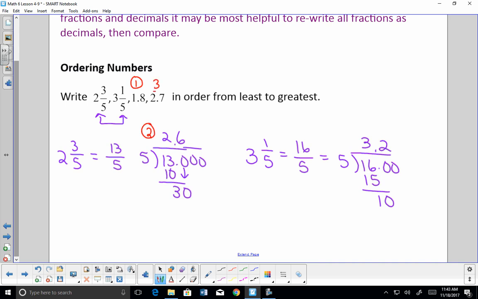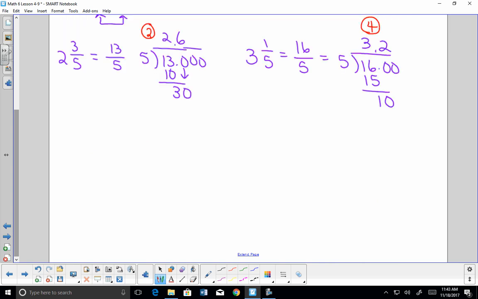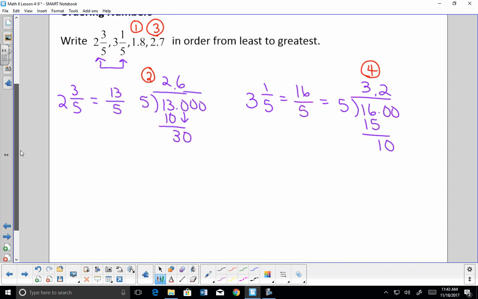But remember, when we order things, we have to put them back in their original form. So if I look at this problem, I have to list it in its original form. So the smallest number is 1.8, and that was a decimal, so we can write it in decimal form. The second was 2.6, but that is equivalent to 2 and 3/5, so 2 and 3/5 is how we'll write that second number.